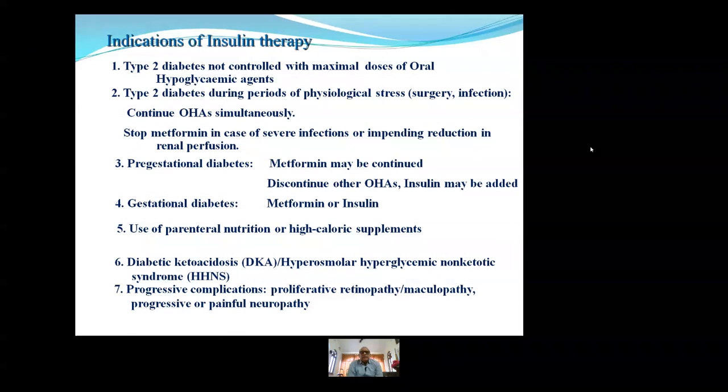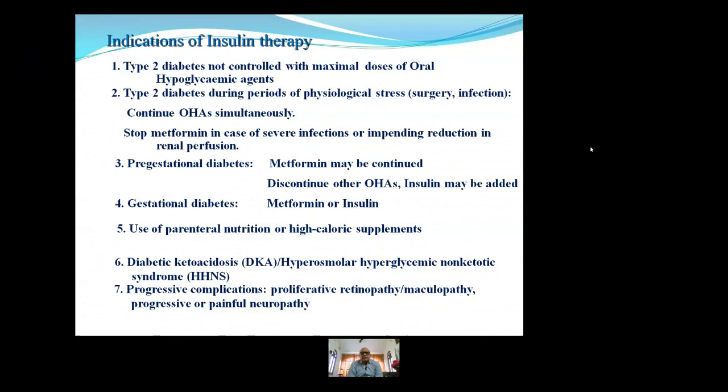So, indications of insulin therapy. First, type 2 diabetes not controlled with maximal dose of oral hypoglycemic agents. Generally, oral hypoglycemic agents are sufficient for type 2 diabetes mellitus, but when it is not controlled with maximal dose of oral hypoglycemic agent, then insulin can be added.